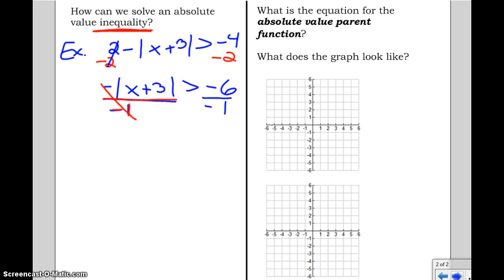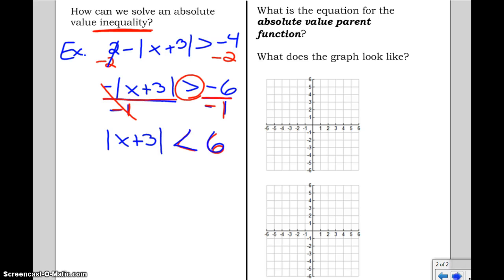Negative 6 divided by negative 1 will make a positive 6, which is fine. However, because I divided by a negative, I must switch my inequality to the other direction. So now I have the absolute value of x plus 3 is less than positive 6, because I had to switch my inequality since I divided by a negative number.